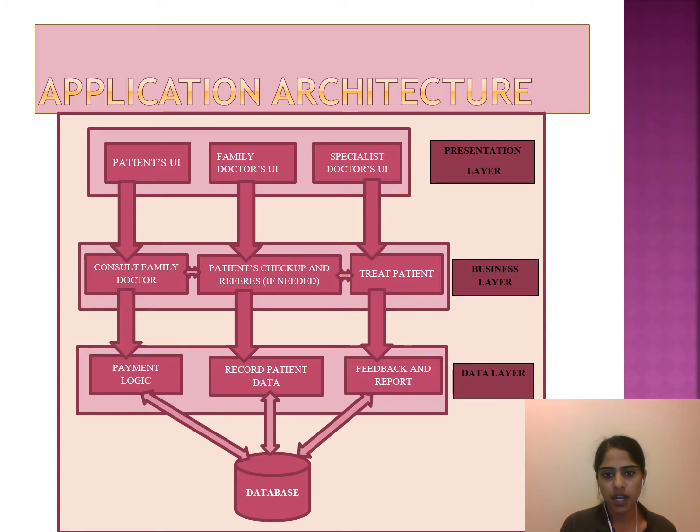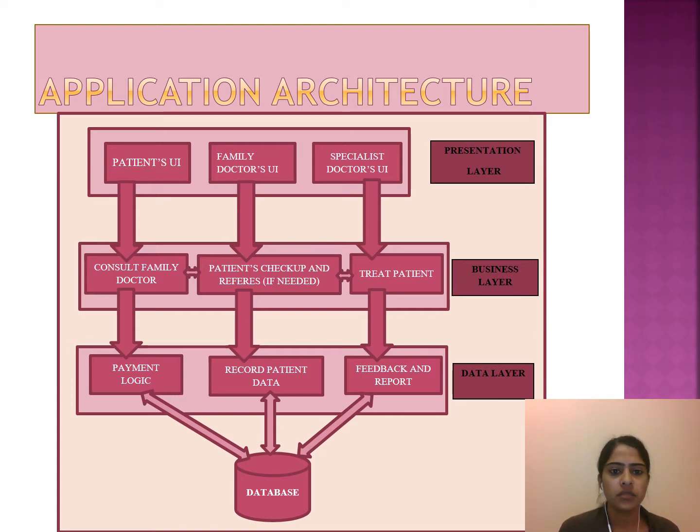In application architecture, there are three basic layers. First one is the presentation layer, second is the business layer, and third is the data layer. The presentation layer is closest to the front-end user, where user interfaces are connected.